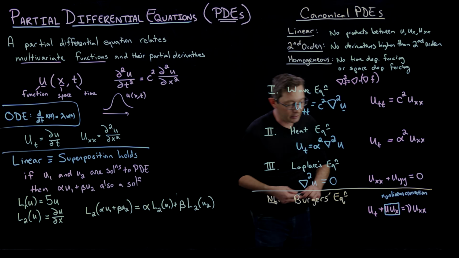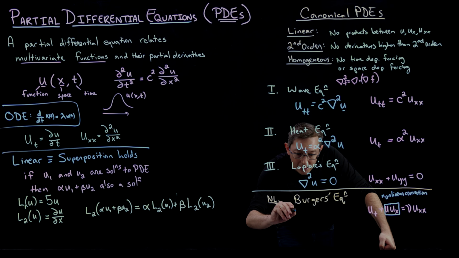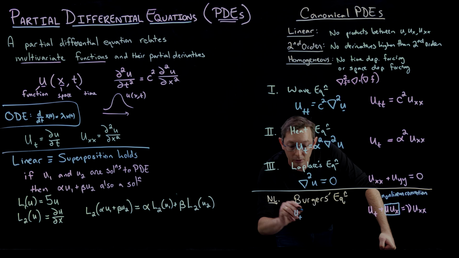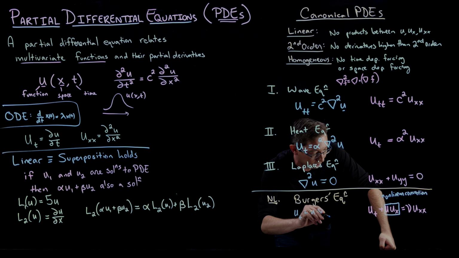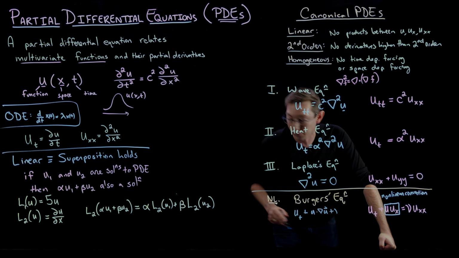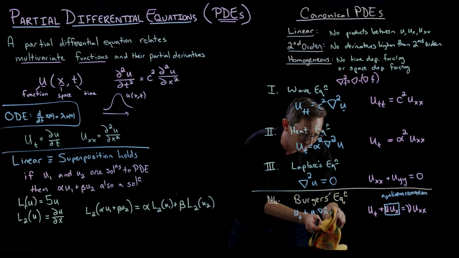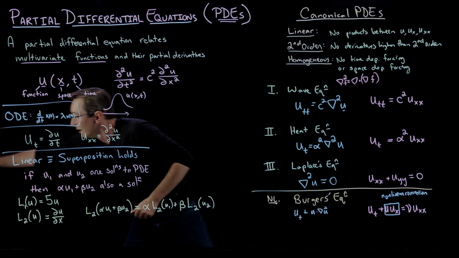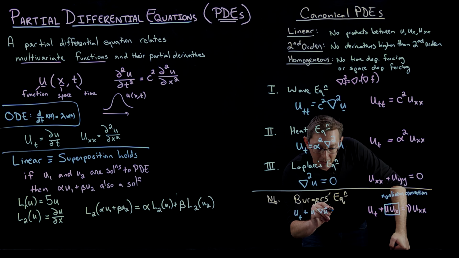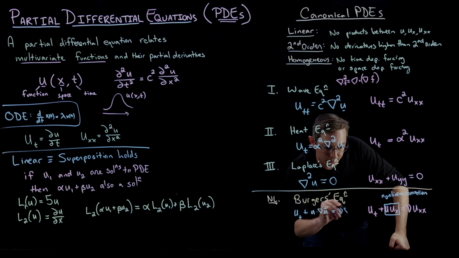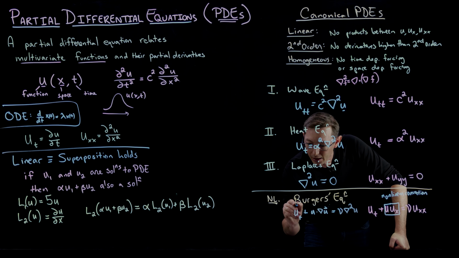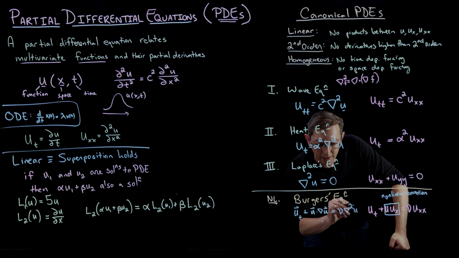But I also want to point out in vector form, you can write this as a vector u sub t. This is for a higher dimensional Burger's equation, plus u dot grad of u equals my viscosity nu times the Laplacian of u. I have to erase twice in one video. Okay, good. And I'm going to say that this is for a vector valued u.